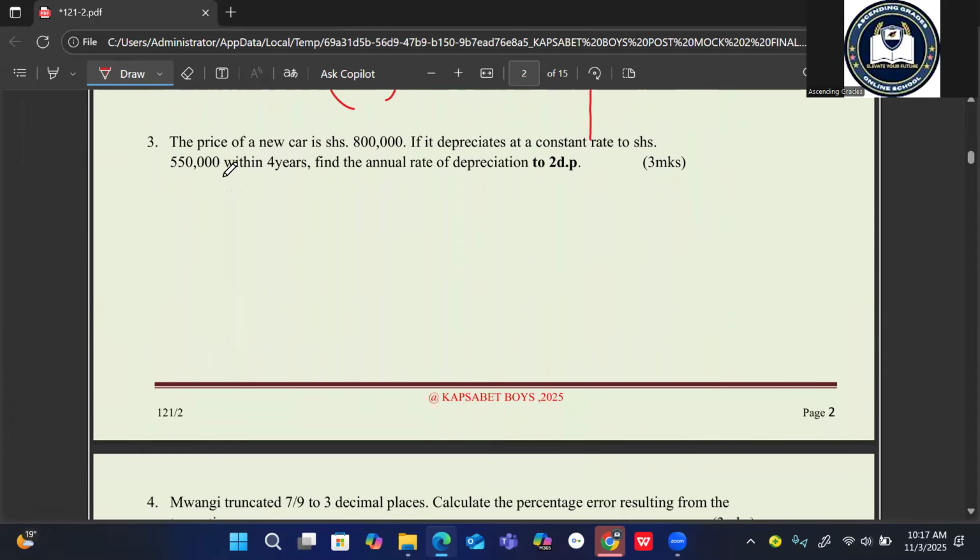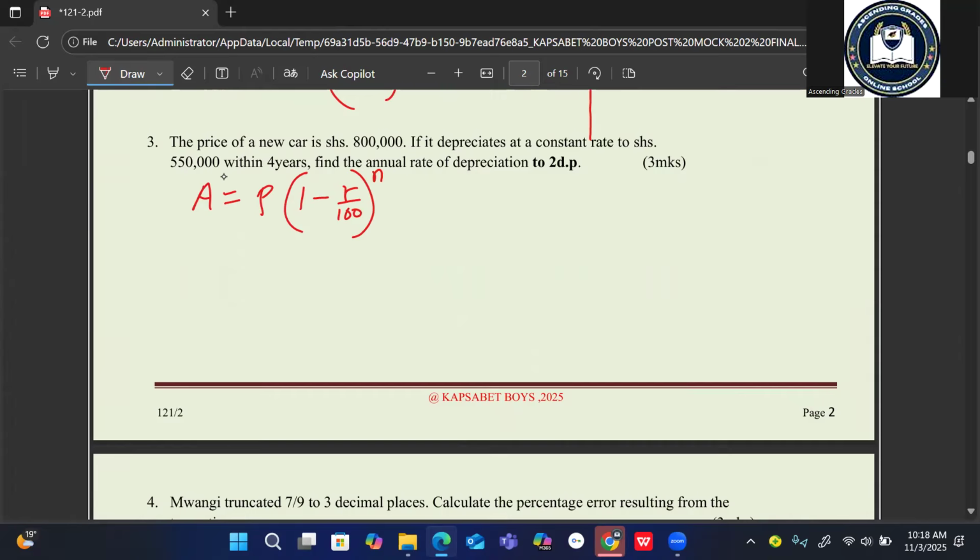Number 3, the price of a new car is 800,000 shillings. If it depreciates at a constant rate to 550,000 within 4 years, find the annual rate of depreciation to 2 decimal places. We know that the formula of depreciation is amount is given by principal into 1 minus rate over 100, to the power n, where n is the number of years.